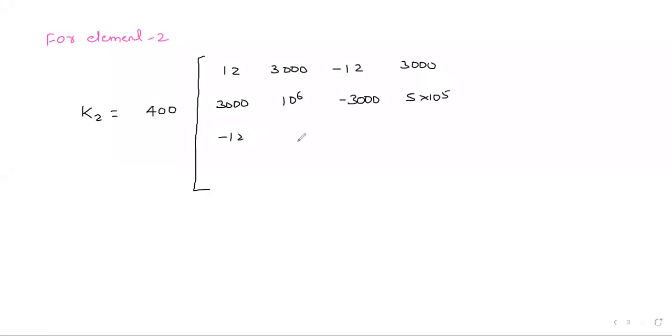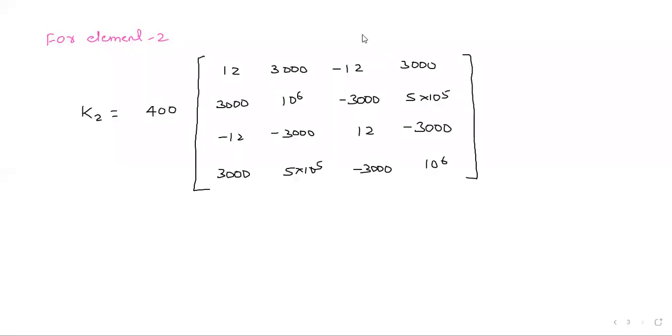Then we will have minus 12, minus 3000, then 12, then minus 3000, then 3000, 5 into 10 to the power 5, then minus 3000 again, and then 10 to the power 6. So we have already calculated the K2 value also.